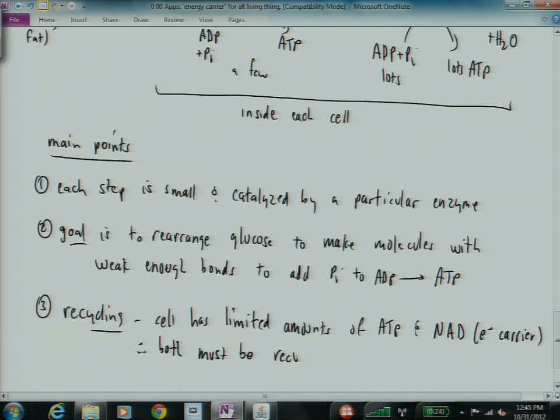Right? So when you're looking at stuff and when we're talking on Friday, you want to keep an eye on the ATP and the NAD because they get used a lot, but there's only a small amount in the cell, so they've got to get turned over. So every time you make it, turn it from one form into another, you've got to find some way to turn it back, otherwise things will come to a halt. In the same way that with ATP, without all that recycling, you'd run out of ATP in about 1/10 of a second. Questions about that?